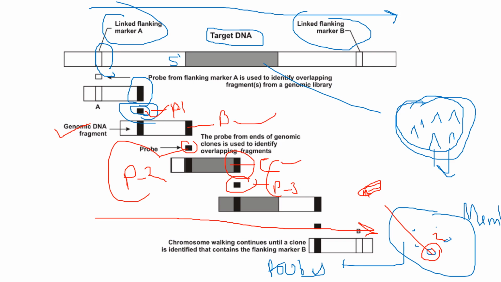Suppose B, C, now this is D and E. So now at the end of this experiment you will have the full information, and you will keep on walking till you identify the marker B that is already known to you. So now you have characterized the DNA fragment between the two markers A and B present on any chromosomal fragment.